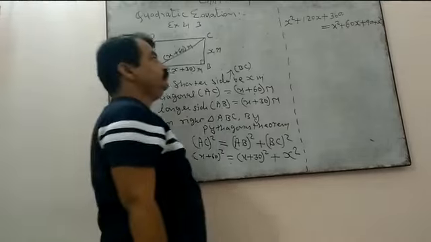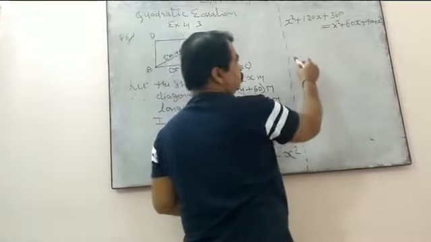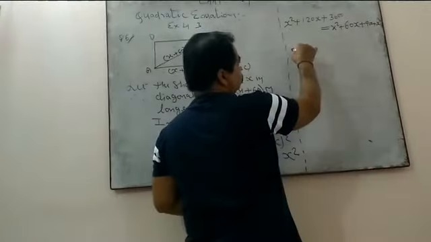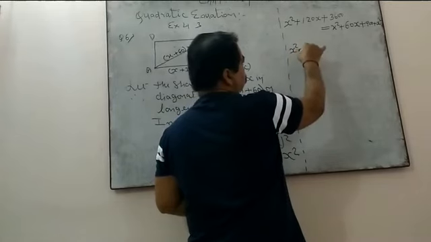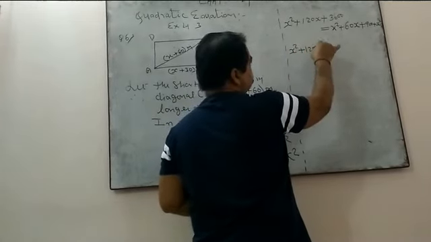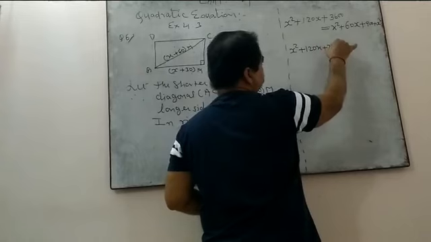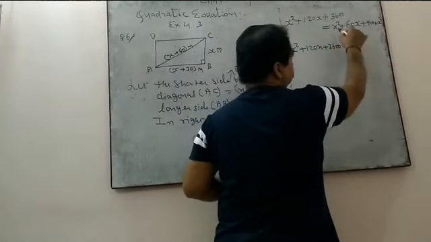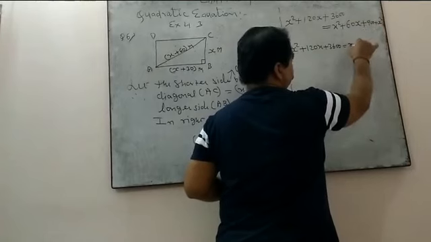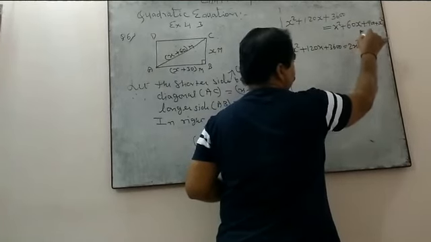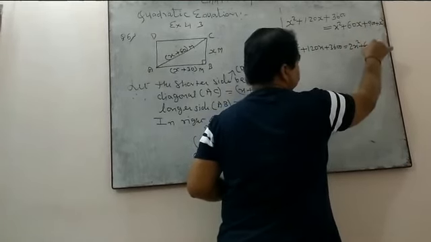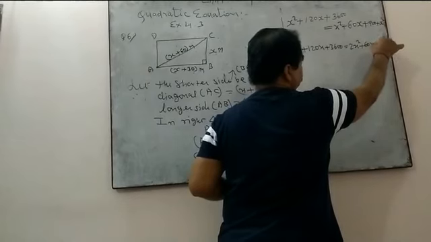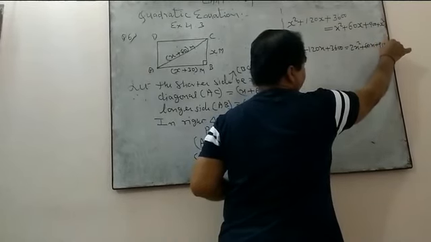Clear? Now see, x square plus 120x plus 3600. Again I am writing the right side: x square plus x square, what do you get? 2x square plus 60x plus 900, right?